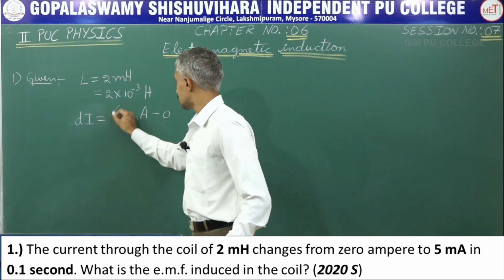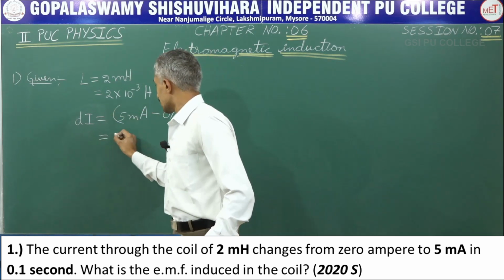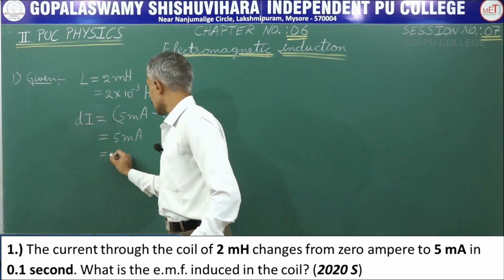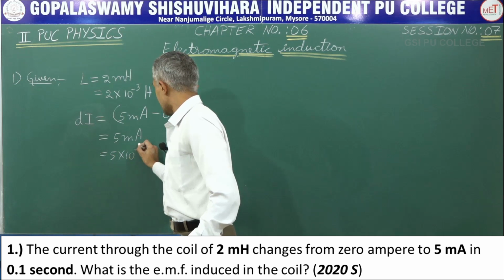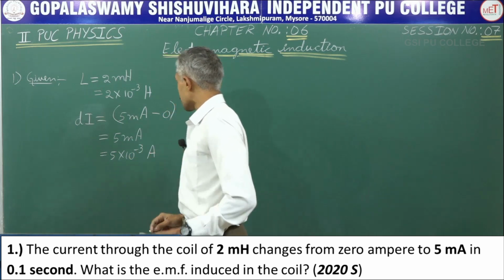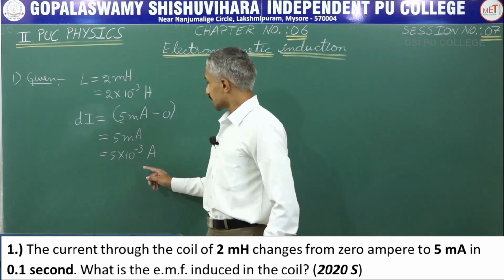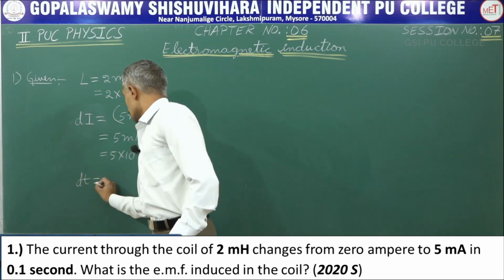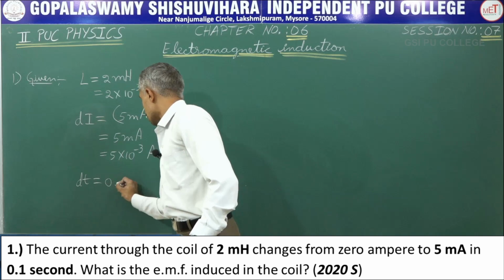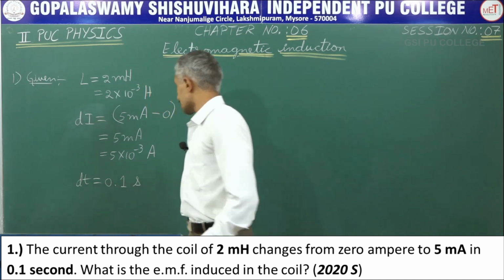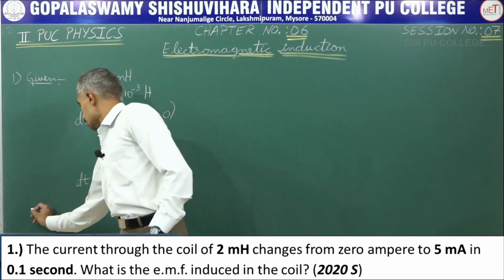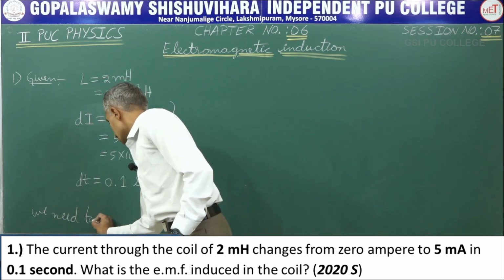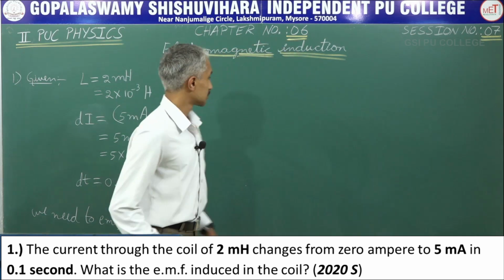In SI unit, I get 5 into 10 to the power of minus 3 ampere, and the time taken for the change of current is 0.1 second. So we are supposed to find the EMF induced.